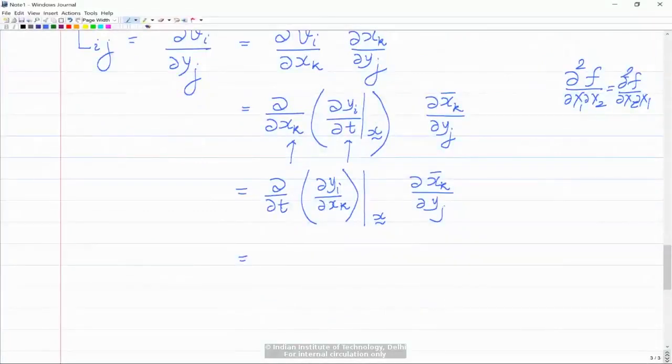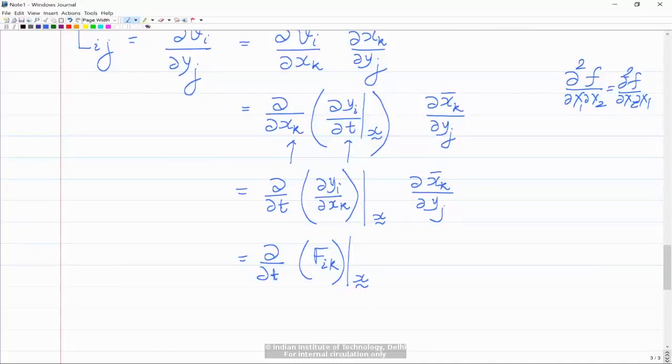So what is this now here? Del yi over del xk. Anyone, can you tell me what this is in terms of deformation gradient? Yes, Srivandya is right, it is Fik. So this is basically del over del t of Fik, at fixed x. That means we are talking of the material time derivative at fixed x.